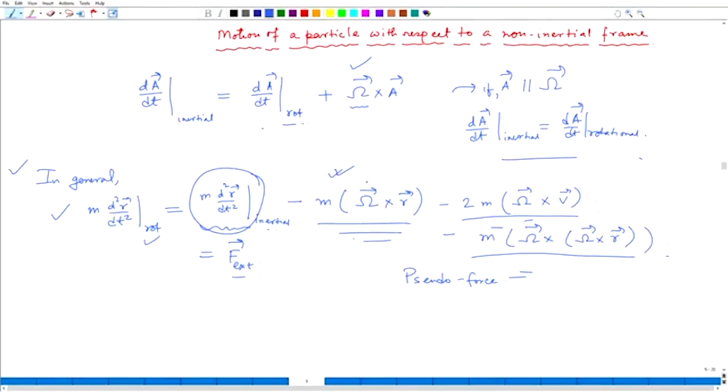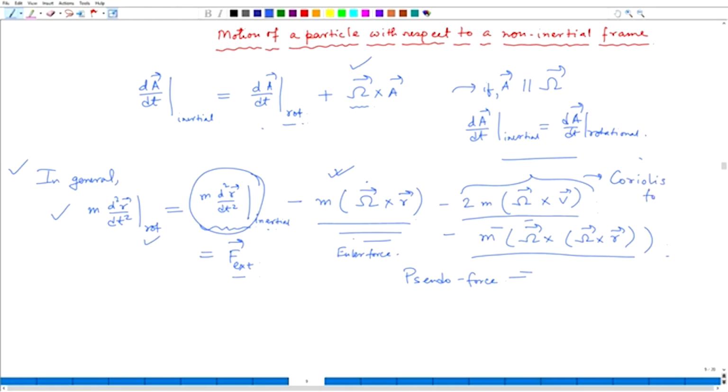Okay. Since omega is almost constant, omega dot is not that important, but some effects can be revealed if you also take this term, which is known as the Euler force. And this term is known as the Coriolis force.